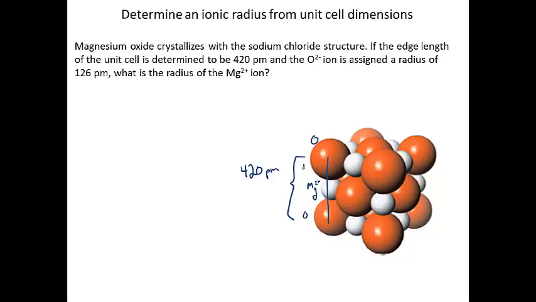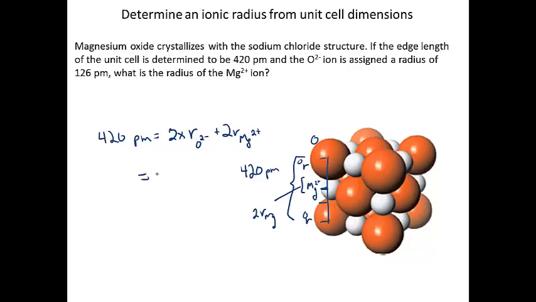That's equal to the radius of the oxygen here, and 2 times the radius of the magnesium. So the 420 picometers is equal to 2 times the radius of the oxygen 2- plus 2 times the radius of the magnesium 2+.